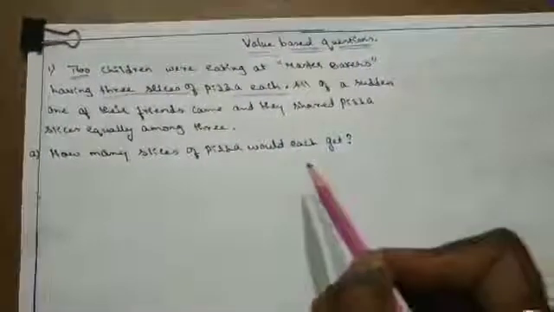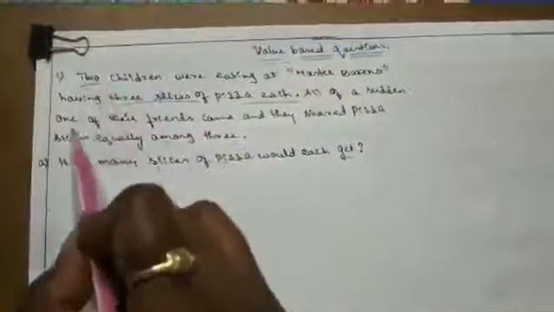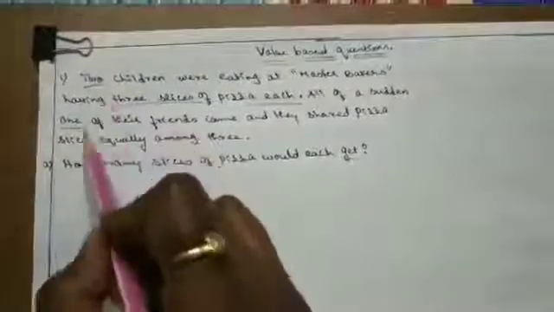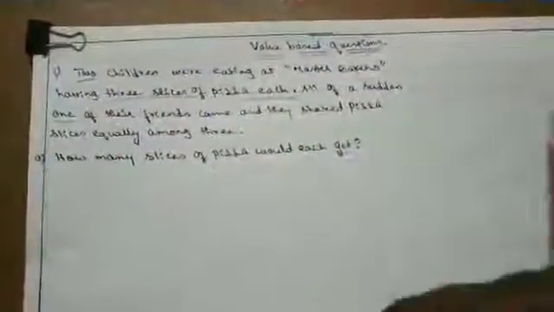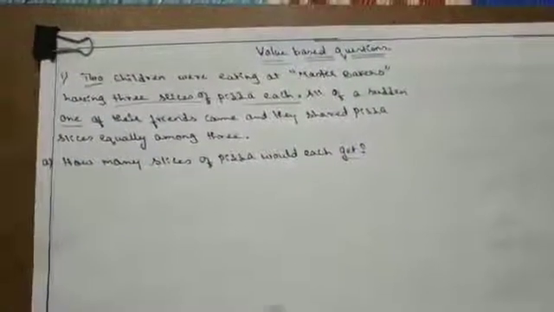So how many will each get if one of his friends is added? Means first initially there were 2. One of the friends will come. So total it becomes 3 children. So each will get how many slices of pizza? So without creating the table also you can solve this question.